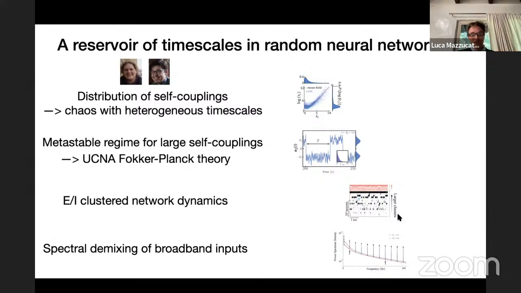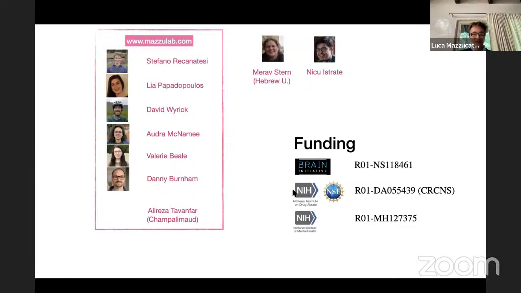And this reproduces the kind of metastable dynamics that we studied in the lab for many years, which is these cluster excitatory inhibitory spiky networks. And this is a cool application in terms of demixing broadband inputs. And yeah, that's it. I can stop here.